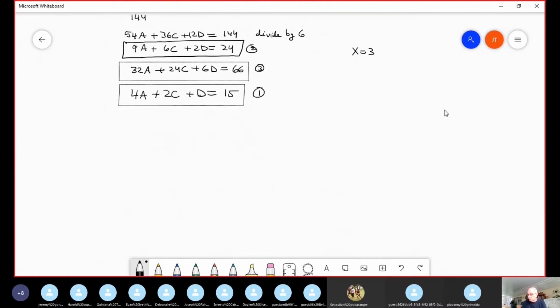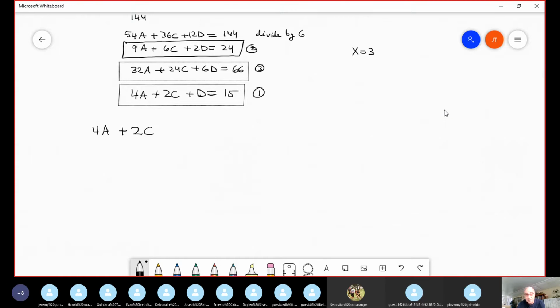Do you want me to do it, or do you accept that I get the answer? Do you want it or no? Let's do it. For example, I take equation 1, I copy. Look at the organization. This is tedious.